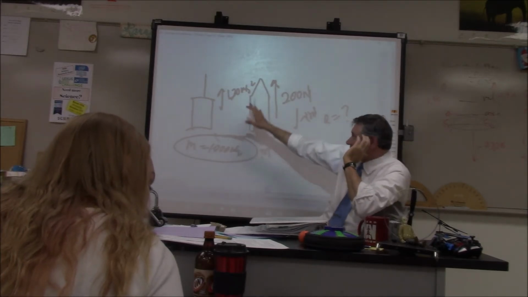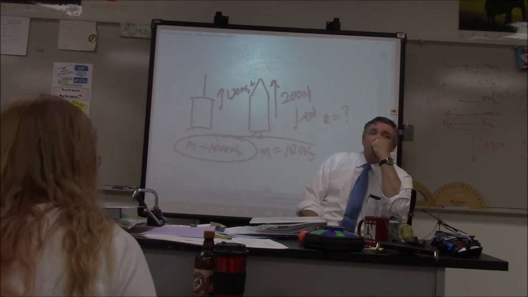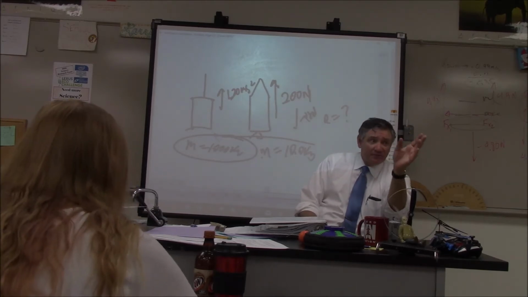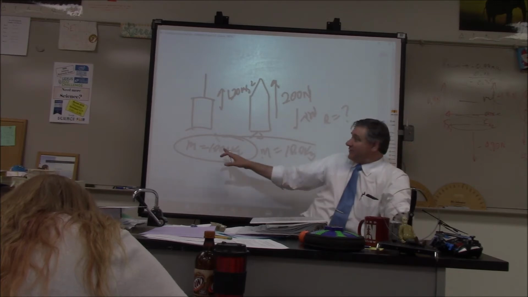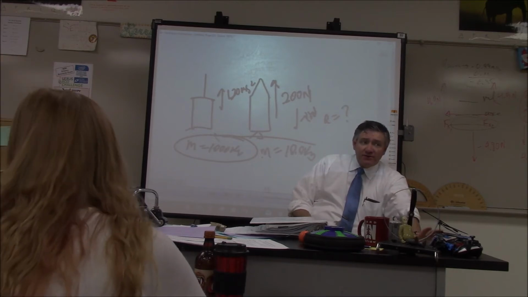If I take 1,000 and multiply that by 1.2, is that my answer? No. Why? Yeah, because what else do you have to overcome? Yeah, the weight of this thing. If you take 1,000 and multiply it by 1.2, what's the only thing you're finding?